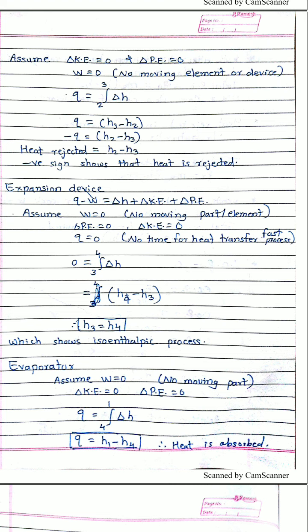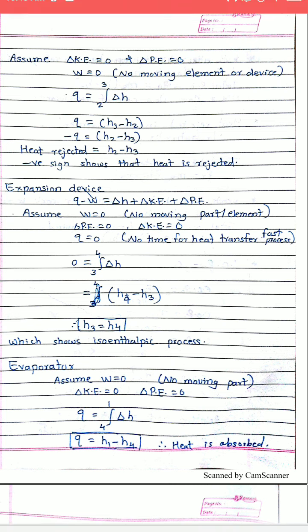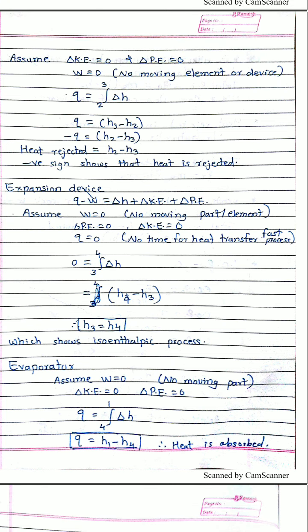So Q is equal to the integration of delta H from 4 to 1. If we put these limits, Q is equal to H1 minus H4. If you look at this formula, H1 is higher and H4 is lower, so Q is always positive. Hence we can say that heat is absorbed.